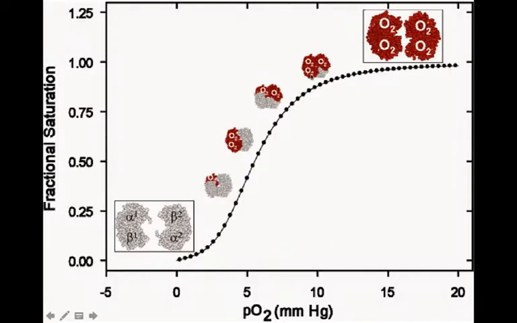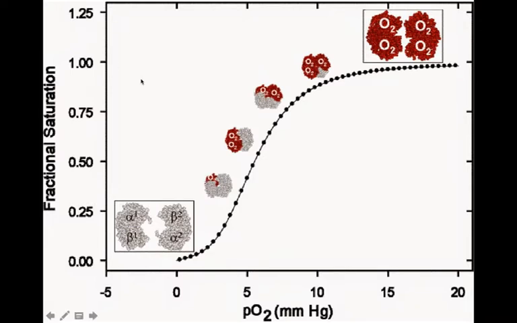So you can see here that if we've got this graph, and this graph you're going to come across quite a lot of times. This shows the partial pressure of oxygen on the x-axis, and on the y-axis you've got the fractional saturation, basically the saturation level. Technically this is fractional saturation, but this is normally expressed in percentage, so 1 is 100%.